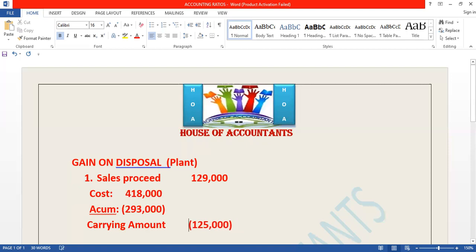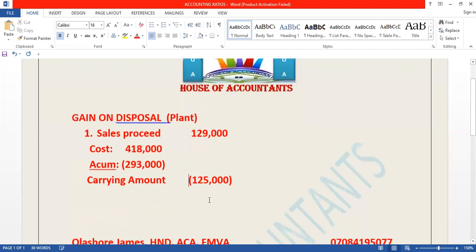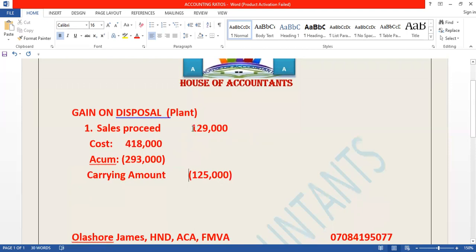I believe this is clear now. So whatever you get from here, from the sales proceed, that's what we are going to record as our gain or loss, depending on the outcome. So from here now, what's the difference? This should be giving us 4,000.